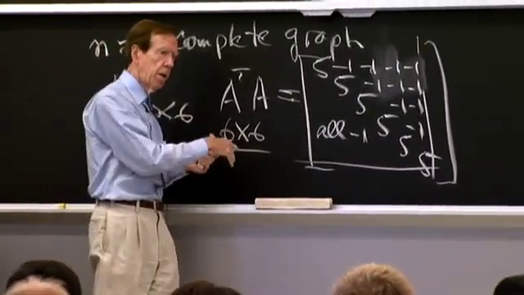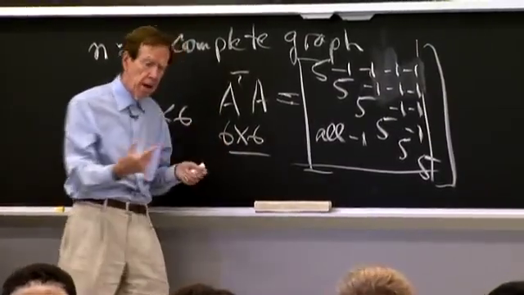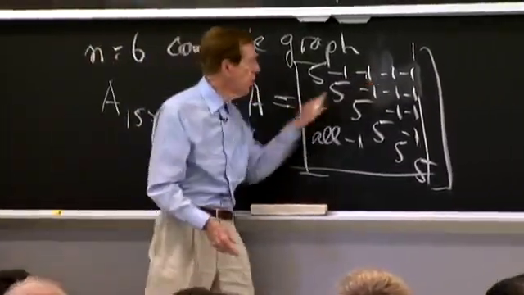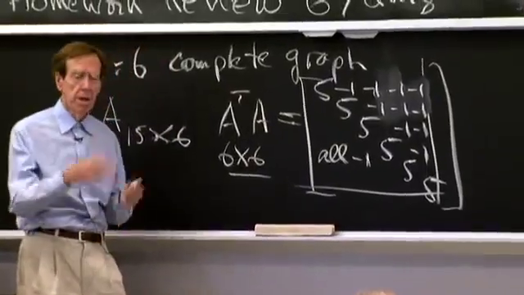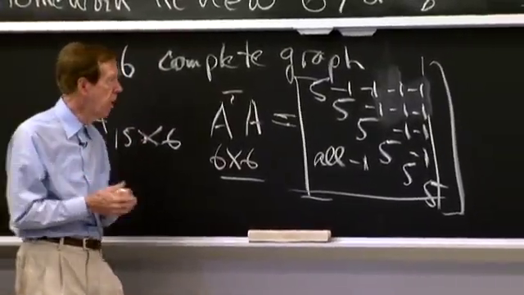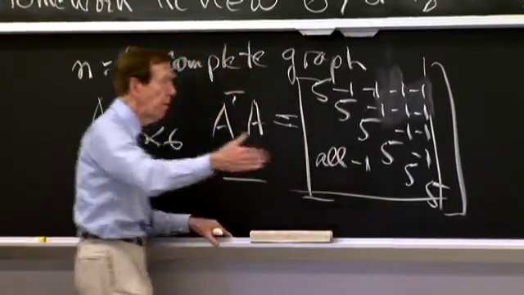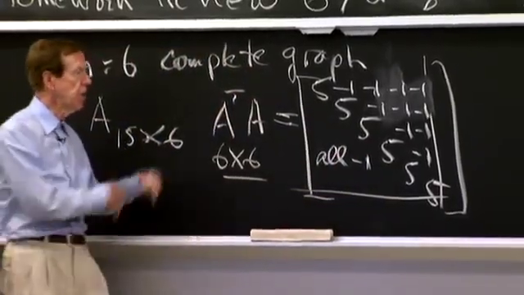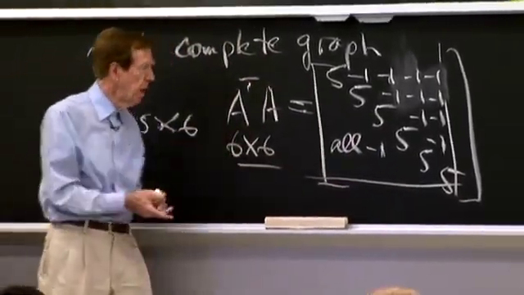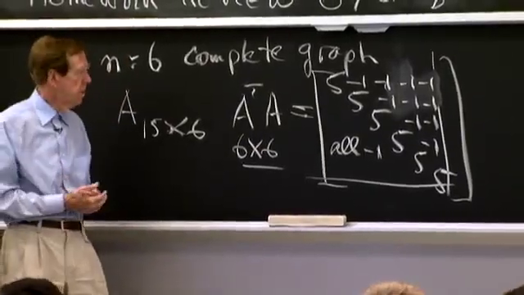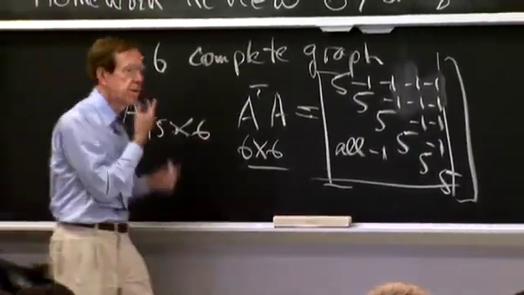But then, of course, if some edges are not in, then some zeros will appear off the diagonal in the adjacency matrix part. The degrees will drop a little if we're missing some edges, and the inverse will not be some simple expression. Anyway, that's to get us started.